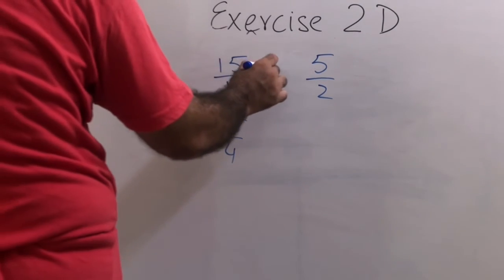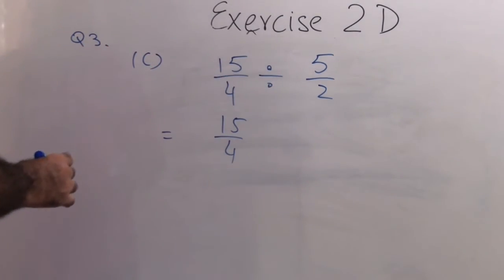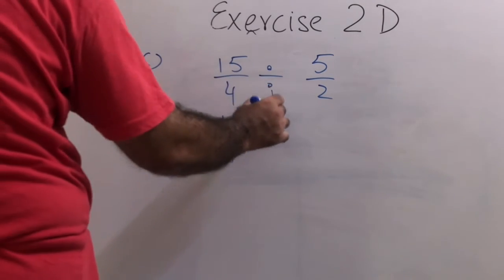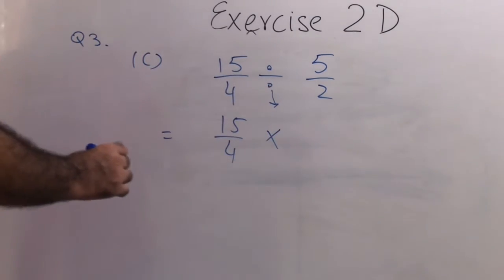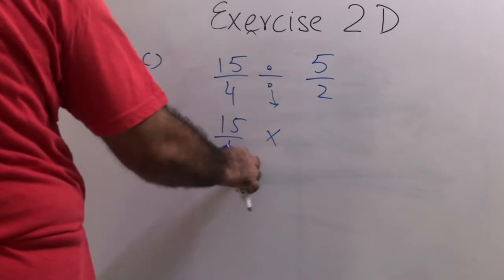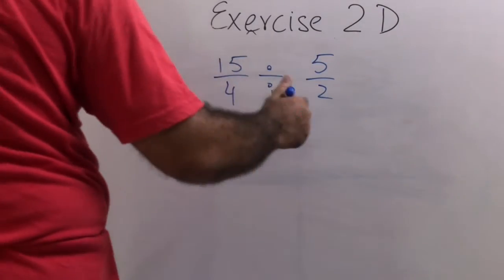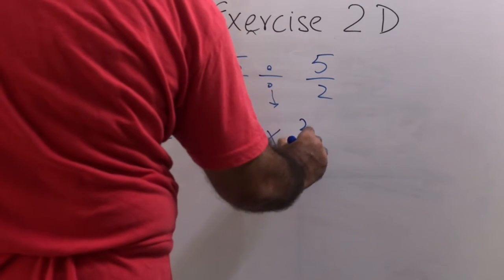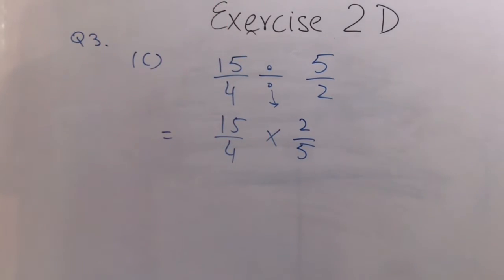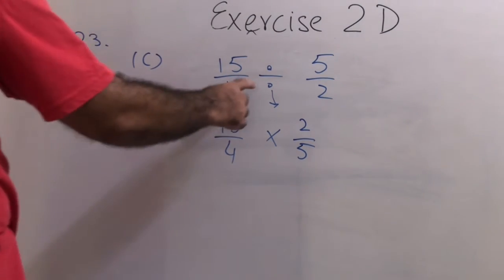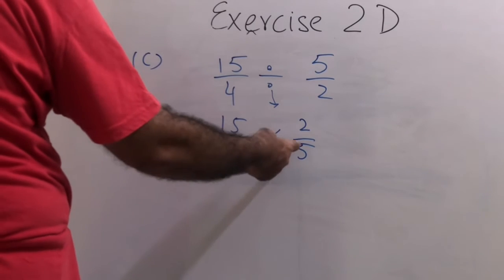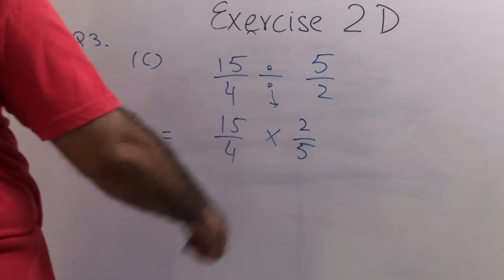We cannot solve this with the division symbol, so we need to convert it into multiplication. When we put the multiplication sign, the right side becomes upside down. 2 will go up and 5 will go down. It means the denominator becomes the numerator and the numerator becomes the denominator. This was the first step: change the sign to multiplication and make the right side upside down.